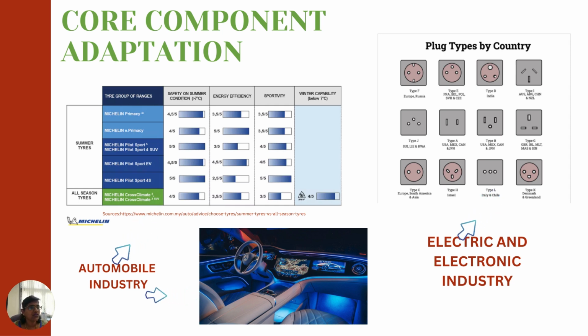But that all season tire might not be suitable for countries like Malaysia, because we use more summer tires. So this is what we call a core component adaptation. When the automobile industry decides to sell their car in countries that have four seasons, they must make sure the tires for that vehicle are compatible with the season.